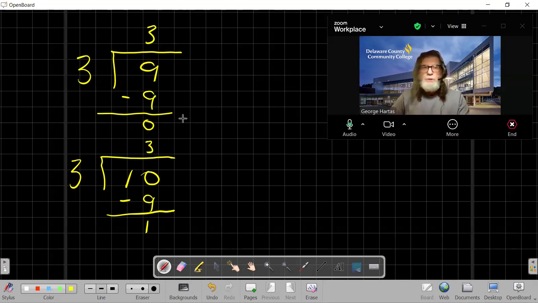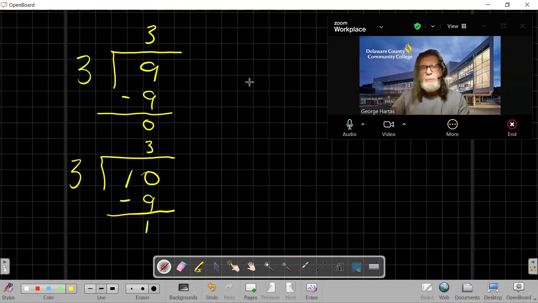Now, the other question is, why do we care about divisibility? And the answer is this is a shortcut to avoid long division in certain problems. So we use divisibility to avoid long division to determine if one number is divisible by another.